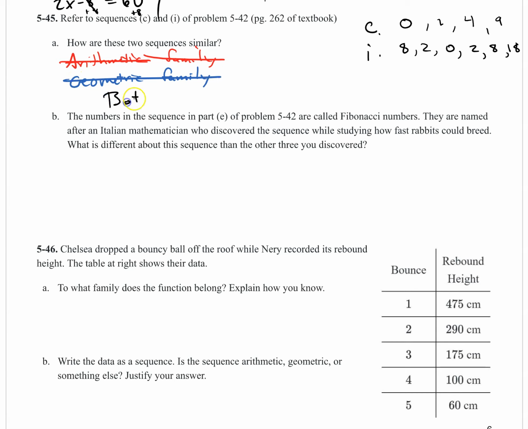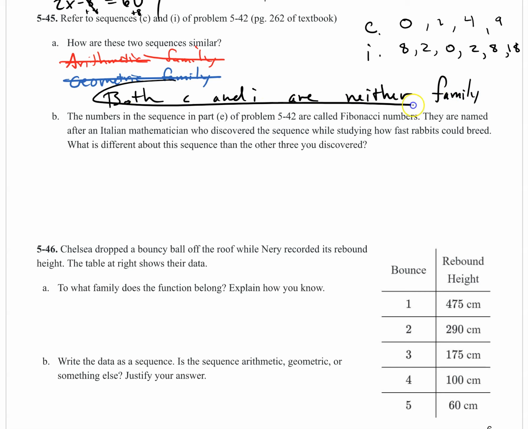So both C and I are neither. And maybe we should clean this up a little bit. Both C and I are part of the neither family. They're not arithmetic, they're not geometric, they're in the neither category.